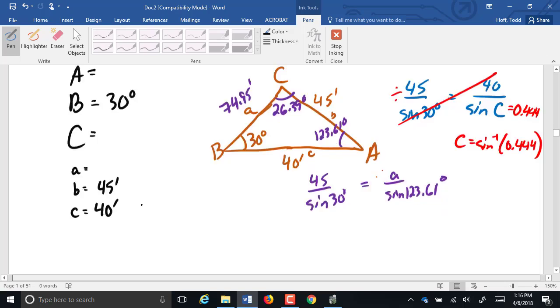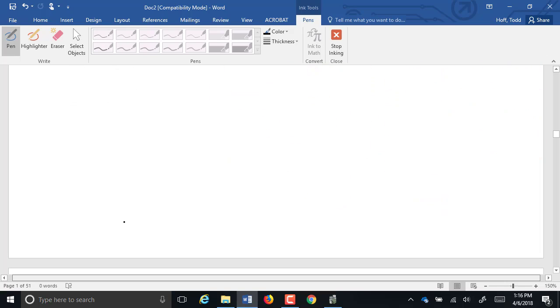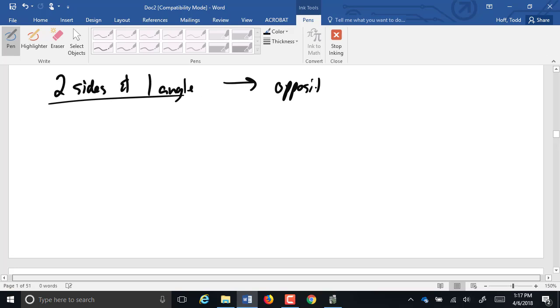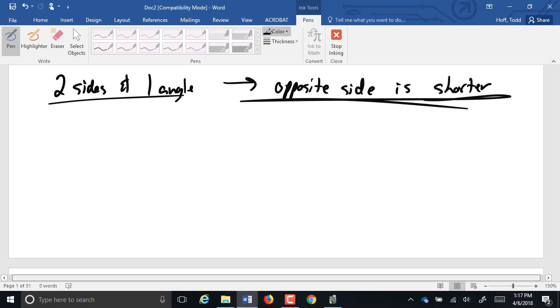The difficulties come when we have two sides and one angle, and the opposite side is shorter. Let me show you. Let's say A is 30 degrees.